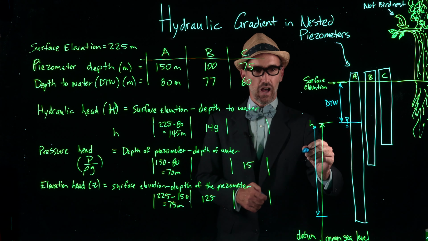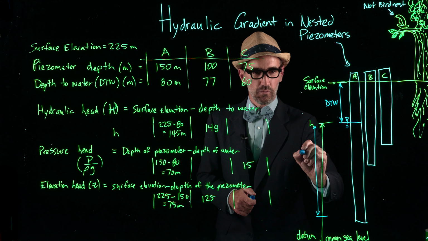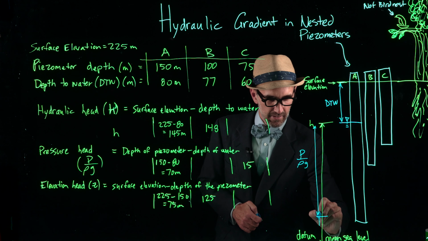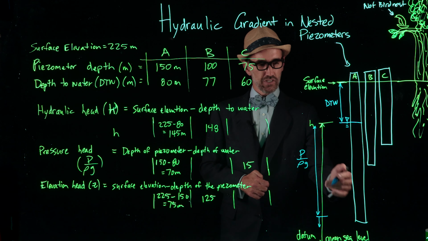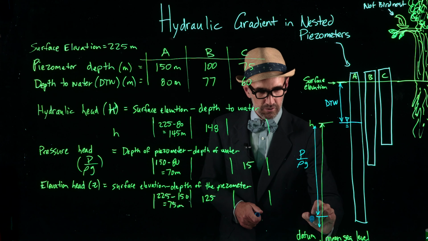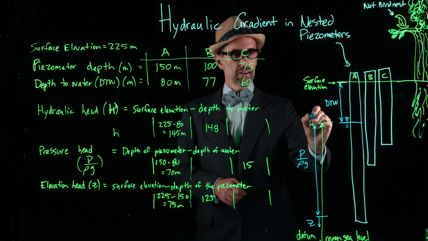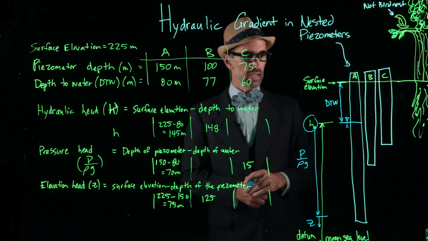So this is the height of the water rising in the well. So this is P over rho g. Whereas Z is the elevation difference between the bottom of the well or the well screen and the datum. So we sum those two together to get our total hydraulic head.